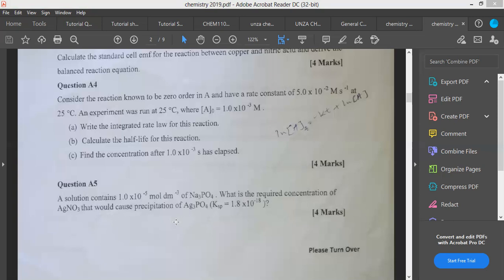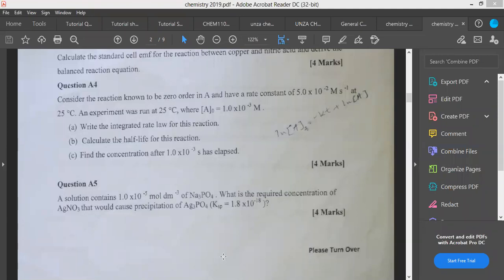So you are going to write Q instead of KSP. You're going to write Q is equal to the concentration of silver ion raised to the power 3 multiplied by the concentration of the phosphate ion raised to the power 4. That is how your equation is going to look like.